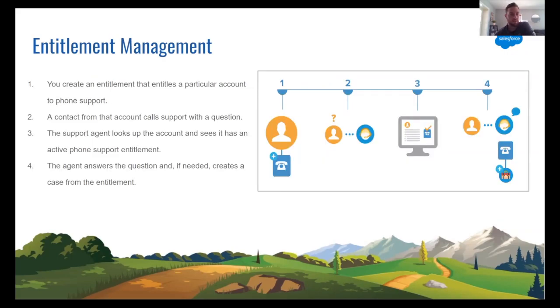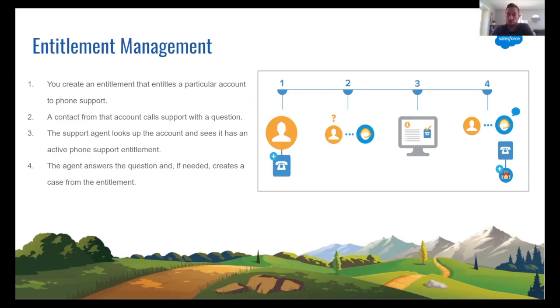So that's a basic way to explain this and walk through it a little bit. I thought this chart and these steps are really good. First step, you create your entitlement that entitles a particular account to phone support. Then you assign that entitlement to an account. Let's say a contact from that account calls in and talks to a support agent with a question.